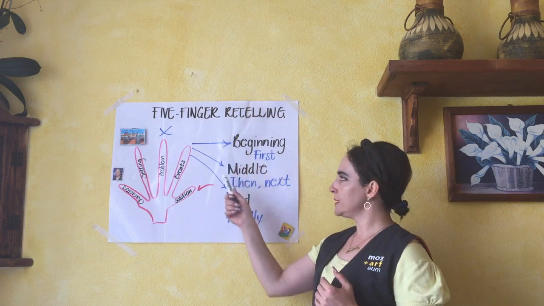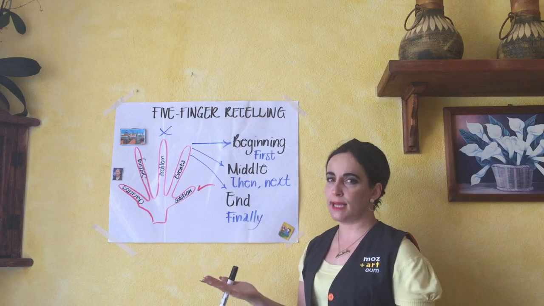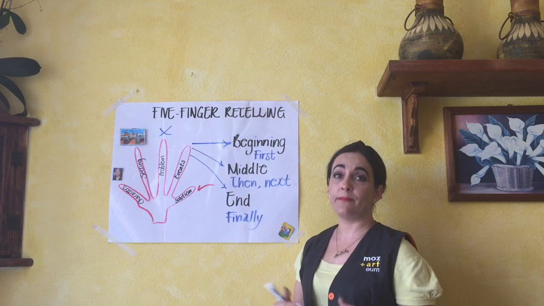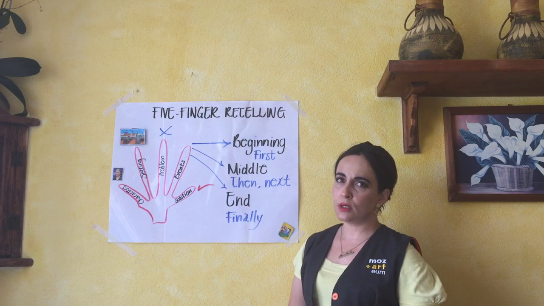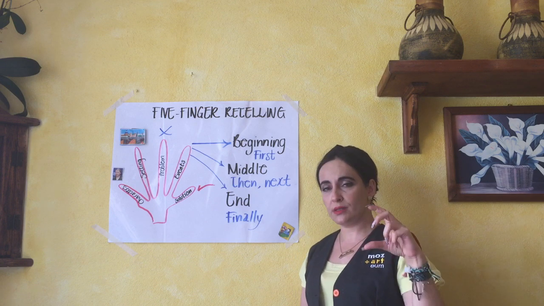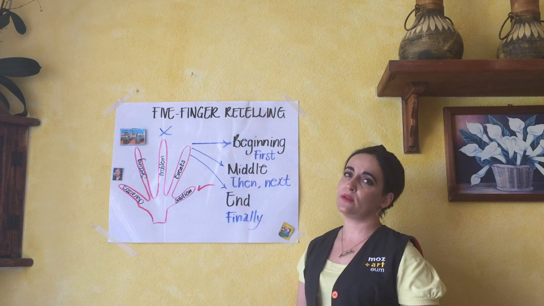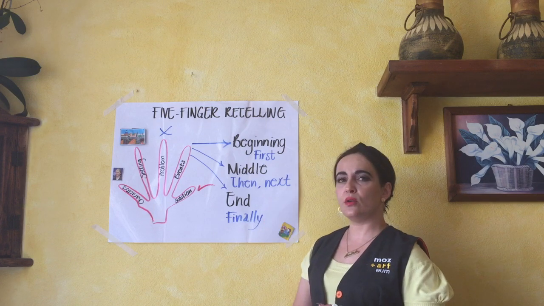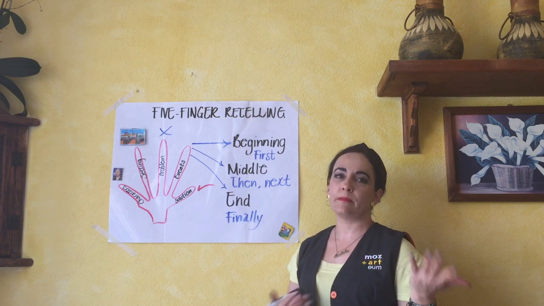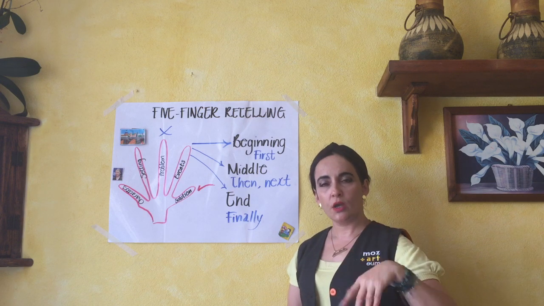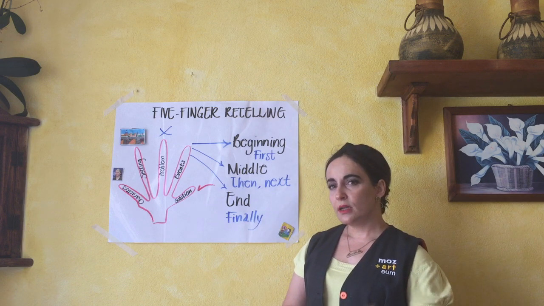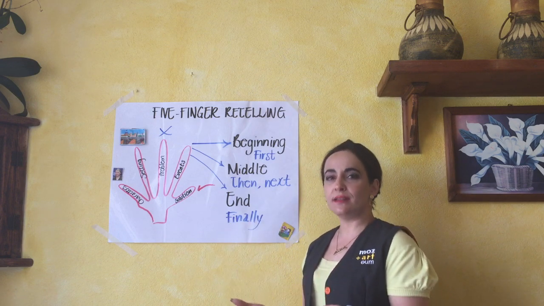To write these parts of the story or to retell it, at the beginning you have to use words like first, at the beginning, and those kinds of words. Remember that you have to use frequent sequence words to help you write down a story. Then in the middle you're going to use words like then, and then to avoid repeating words, you're going to use then, next, additionally, and at the end, finally.